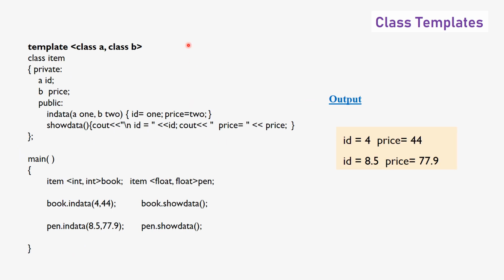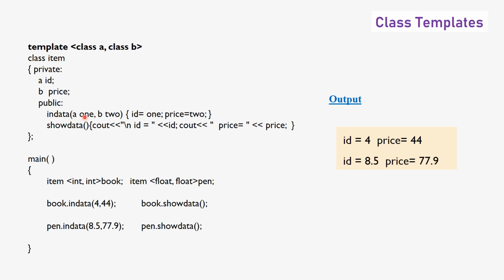In classes, we can use two templates in the same fashion as we did for the function templates. Now I want to use a separate type for ID and a separate type for price. So here the first type is A and the second type is B. Now ID will be of type A and price will be of type B. In inData, we are passing two arguments to this function.